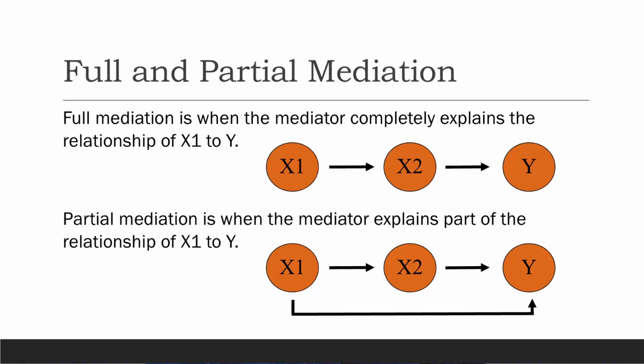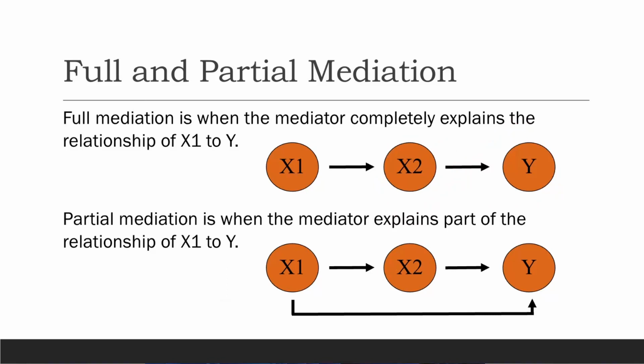Full mediation is when the mediator completely explains the relationship of X1 to Y. That is, if everything about the relationship of this X1 to Y, that entire correlation, can be accounted for because of the correlation of X1 to X2, if that totally explains the relationship of X1 to Y, is that X1 is related to X2, and in fact X2 then is related to Y. If that's the case, then we have full mediation.